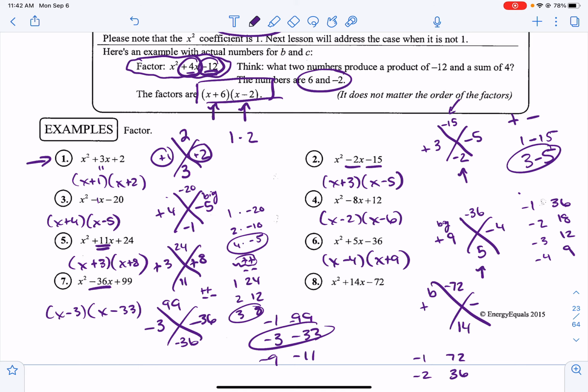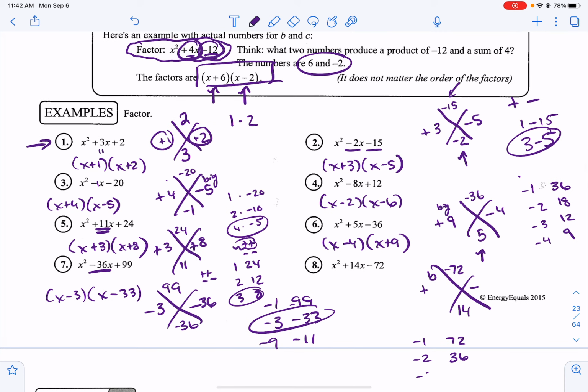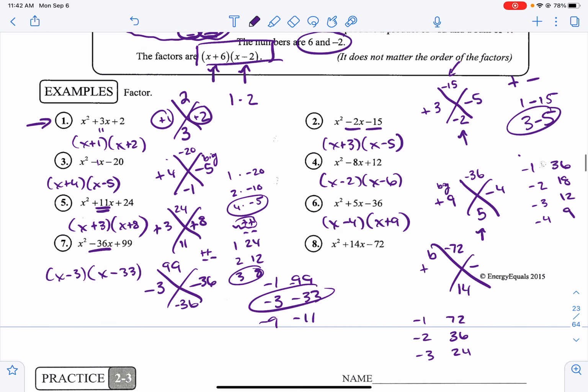That's also not going to work. How about negative 3 and positive 24? That gets me to positive 21. I'm getting closer. How about negative 4 and 18? That gets me my 14. So negative 4, positive 18. So x minus 4 and x plus 18.